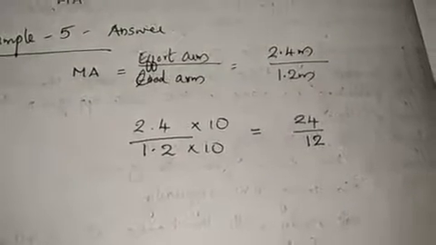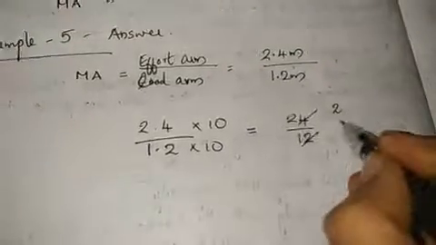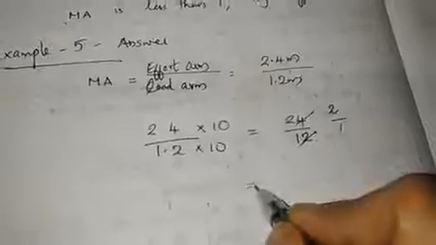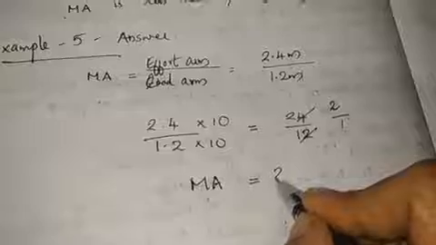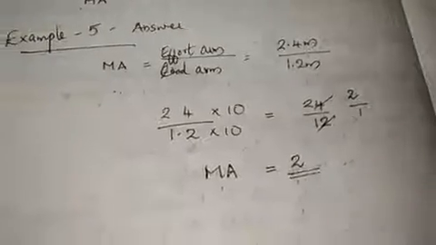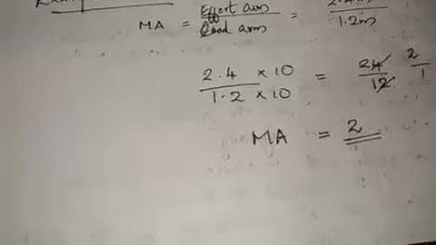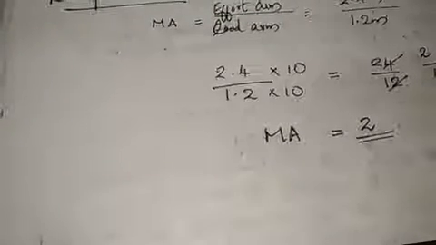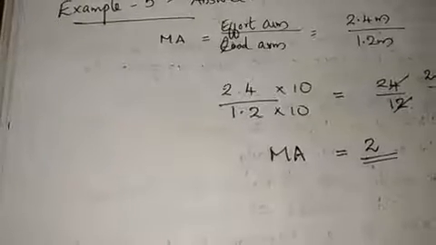24 is double of 12 now. So we can cancel 2 times. 2 by 1 you will get. So our mechanical advantage of the wheelbarrow is 2. Is it greater than 1? Yes, it is greater than 1. So we need less effort to do the work.